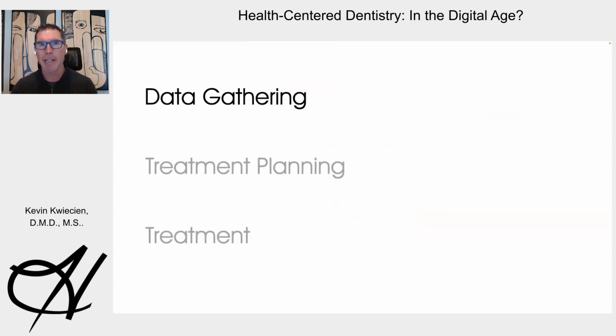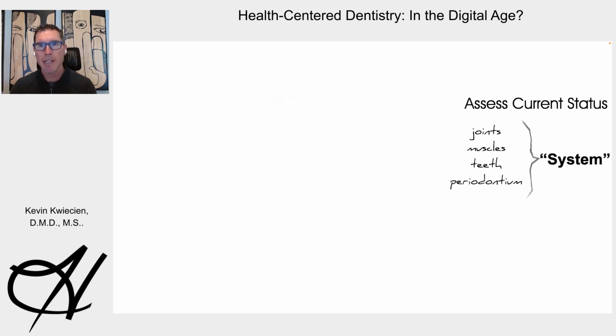So when we think about data gathering in the digital world, what are we looking to gather? What data do we need? I think about assessing the current chewing system with respect to joints, muscles, teeth, and periodontium, not just the teeth.